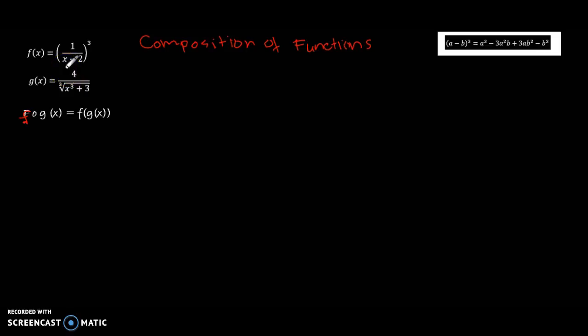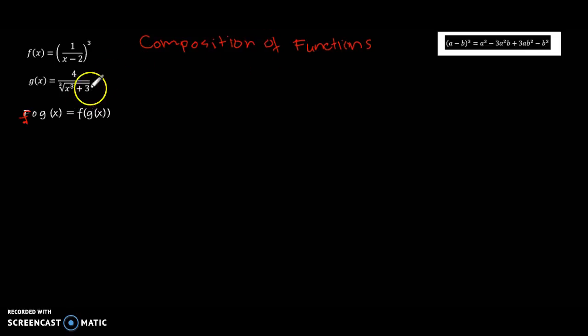Now we're going to make this a little bit simpler because, as you can see, your g of x has a radical expression, and inside the radical expression you have a binomial. Let's make this simpler. It will make it easier for you to look.